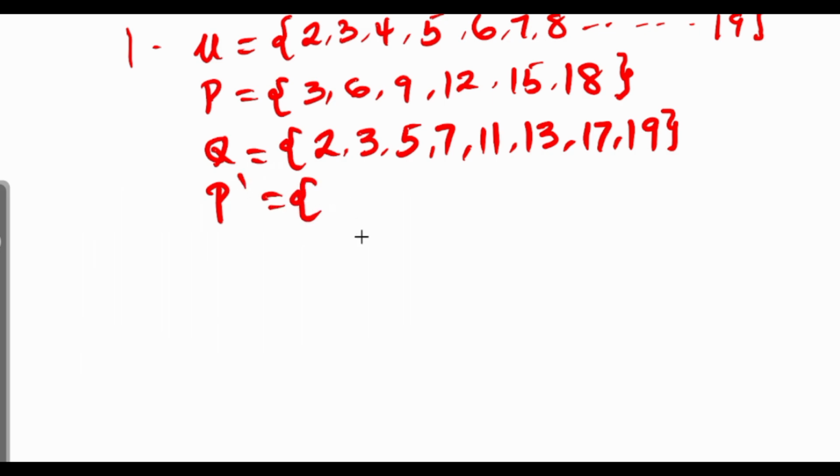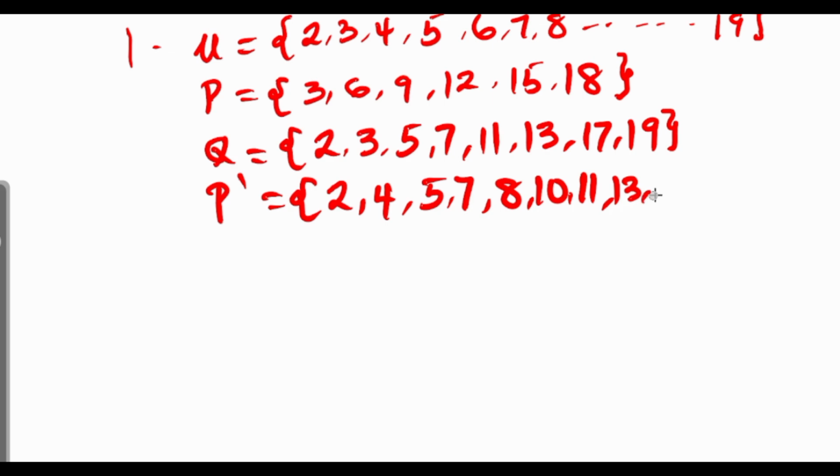What is P prime? P prime are elements that are in the universal set but are not in P. Let's list them out: 2, 4, 5, 7, 8, 10, 11, 13, 14, 16, 17, and 19.